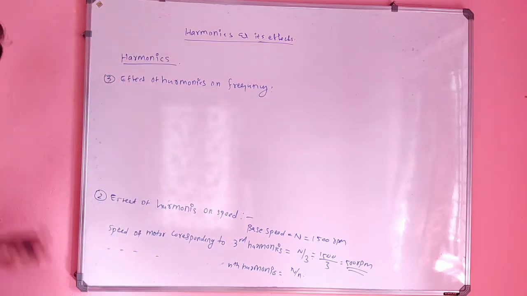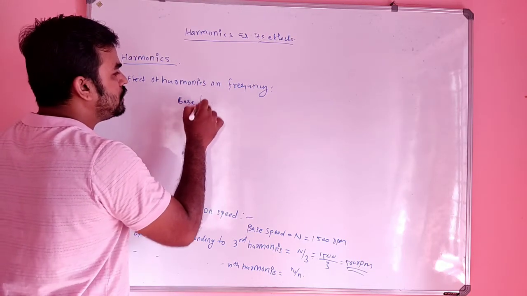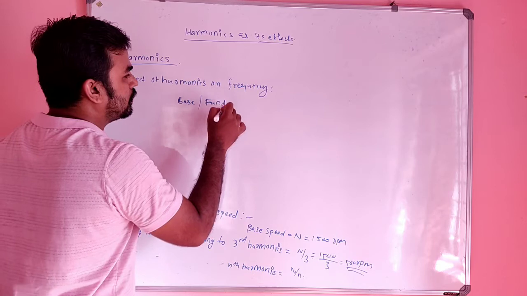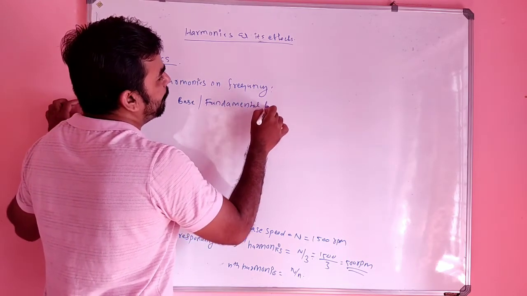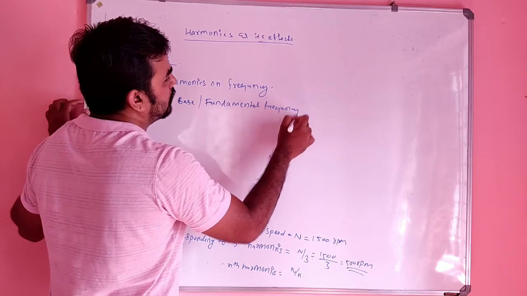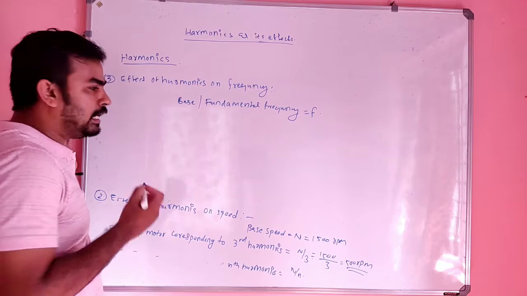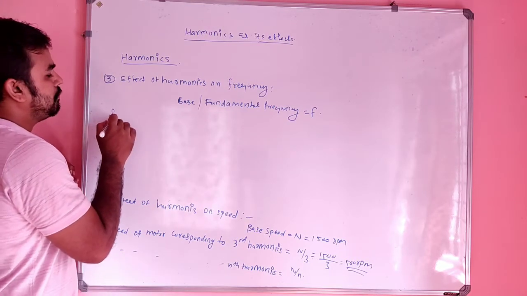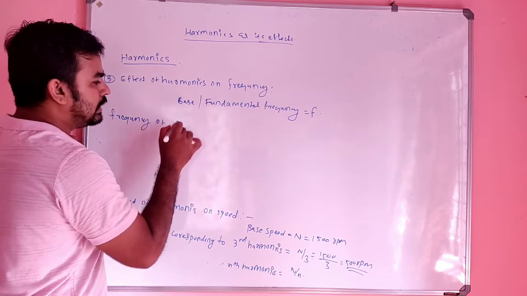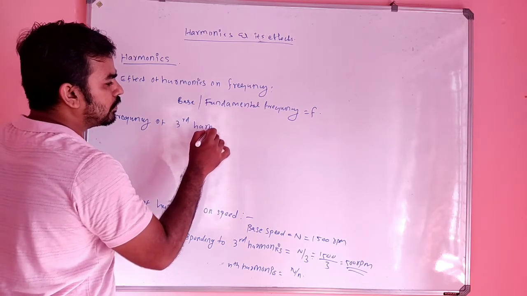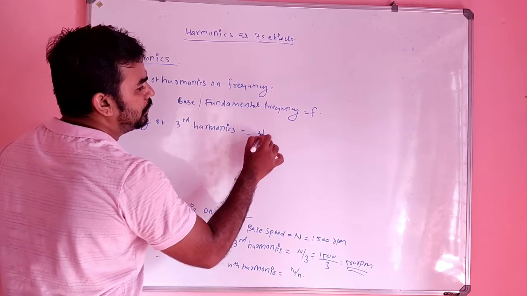Suppose a machine is operating at a base or fundamental frequency, let it be f. Then the frequency of the third harmonic will be equal to 3f.